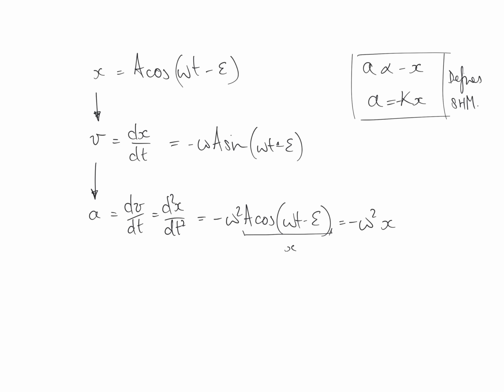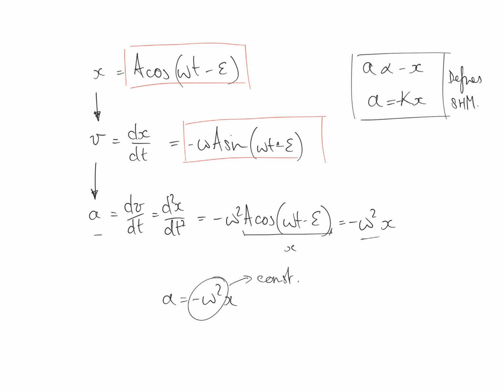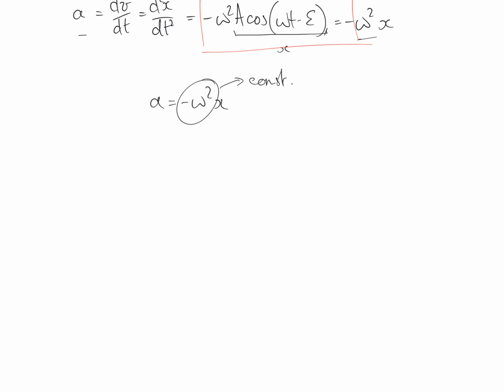So what I've effectively written, if you look at the two sides, is that the acceleration is minus omega squared x. The constant of this simple harmonic motion is omega squared. Now, please remember these three equations. It's very important. And some consequences.